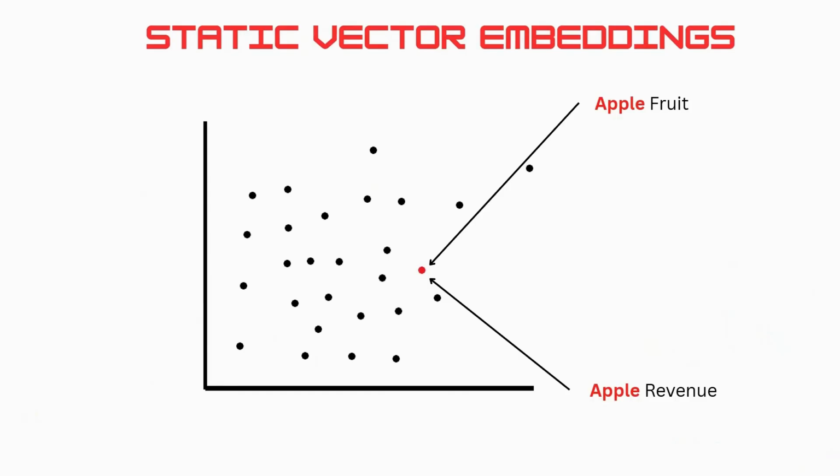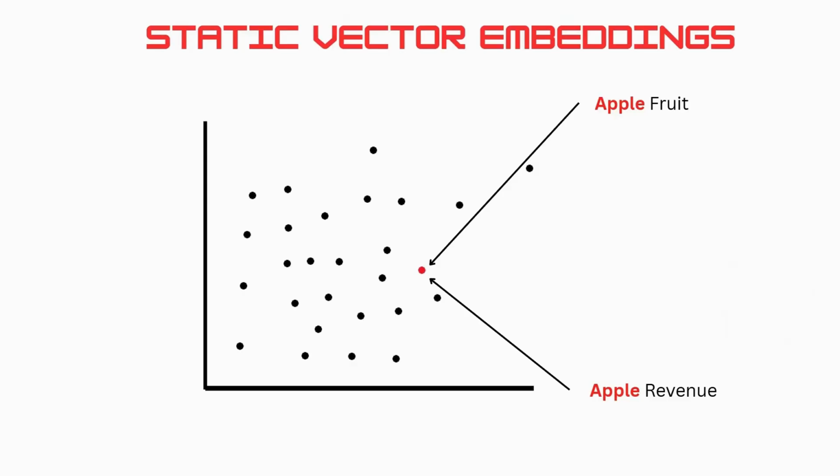Imagine a vector space for static embedding. You can imagine it as a multi-dimensional graph having 1536 dimensions, but we will simplify it to 2D or 3D for illustration. Each word or sentence is represented as a point in this space based on its meaning.